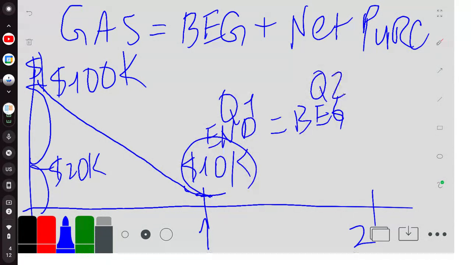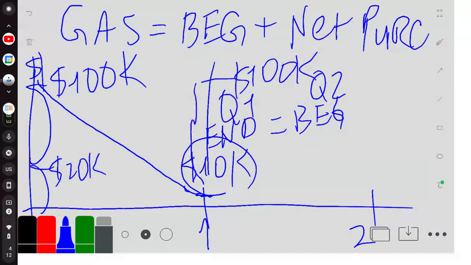And then at the beginning of the second quarter, because the average GAS per quarter is 100K, they will have to order 90K, which is their net purchase at the beginning of the second quarter, right?